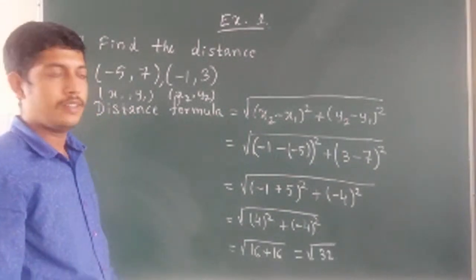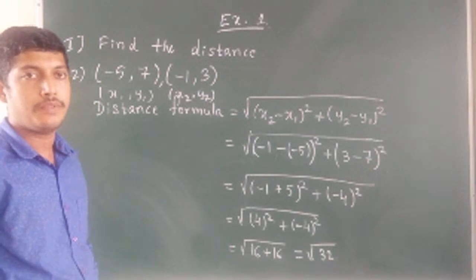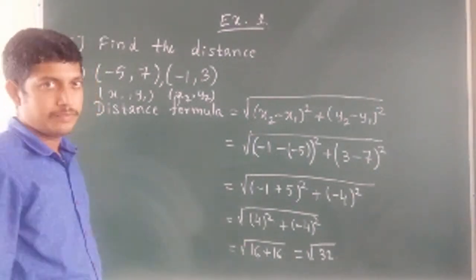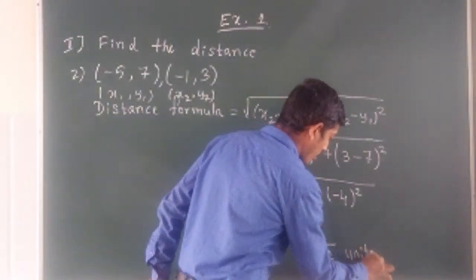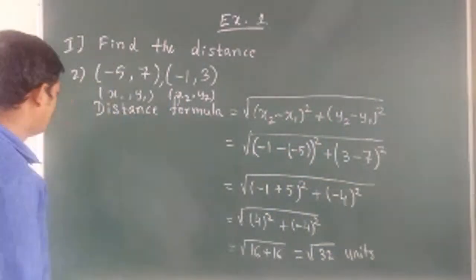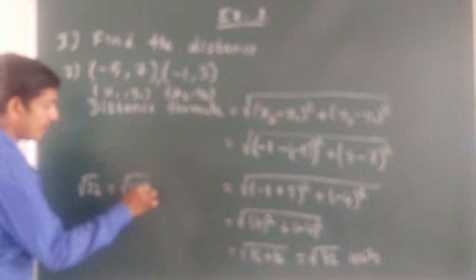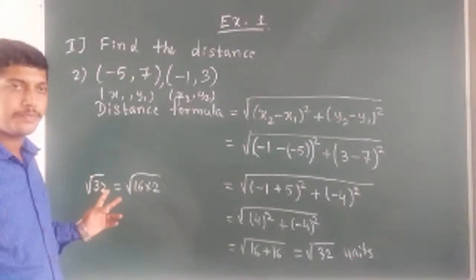Okay. So you can end up with this or you can simplify further. So it becomes square root of 32 units. Or you can write square root of 32 as square root of 16 into 2.